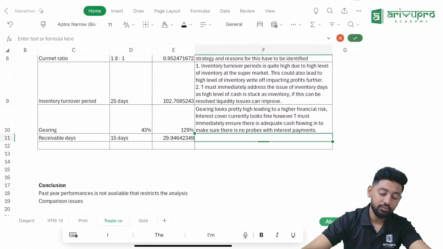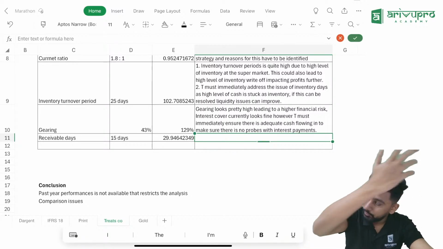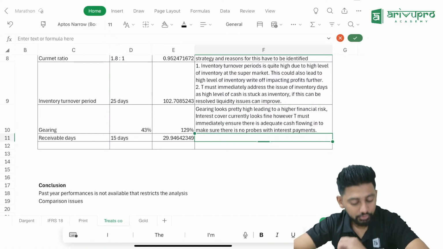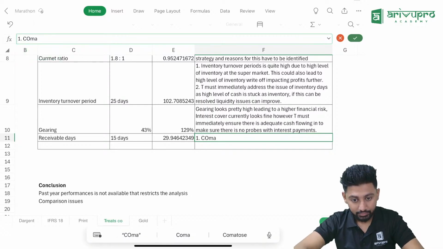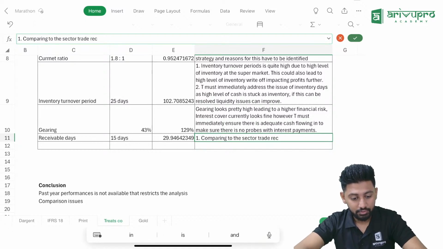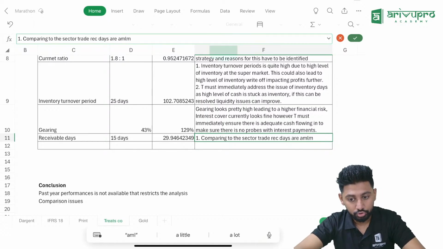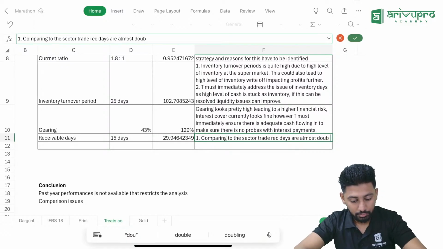And finally, receivable days. Yes, your receivable days is also affected. Why? You are giving credit to the supermarket. Comparing to the sector, trade receivable days are almost double.